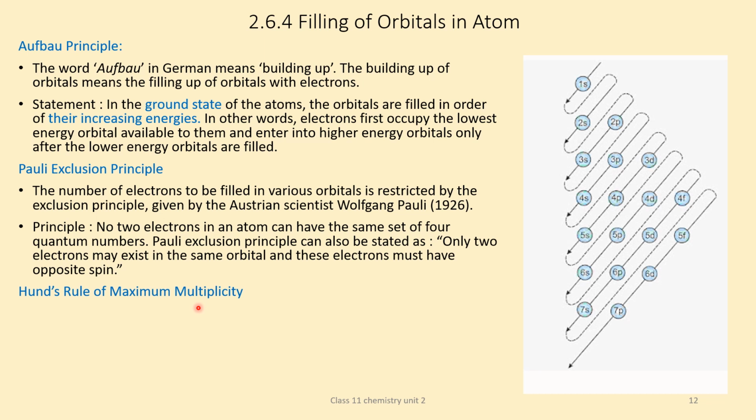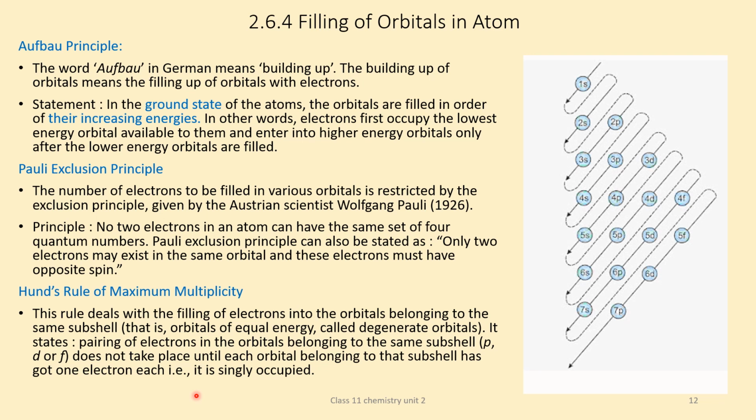Hund's rule of maximum multiplicity. This rule deals with the filling up of electrons into the orbitals belonging to the same subshell, that is, orbitals of equal energy called degenerate orbitals.